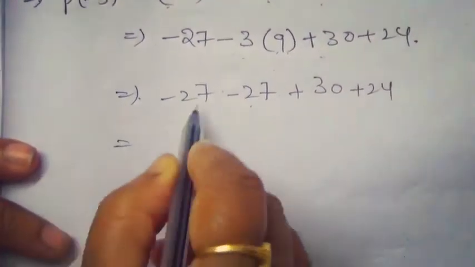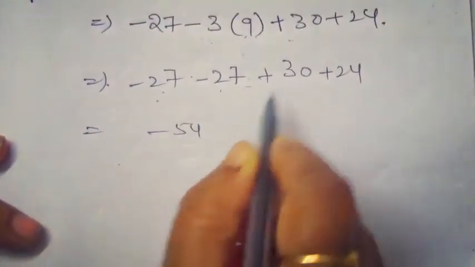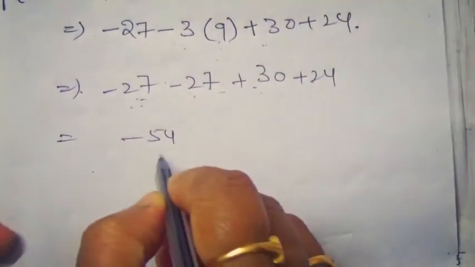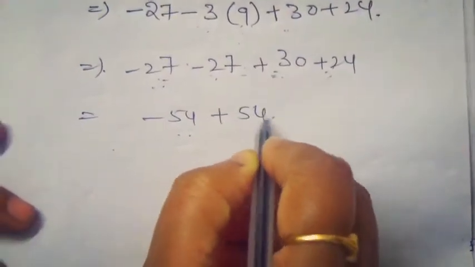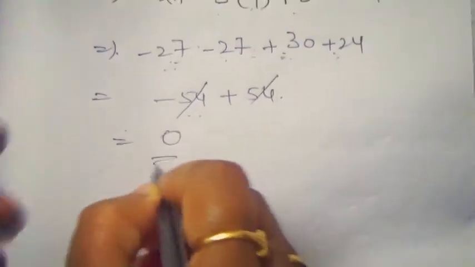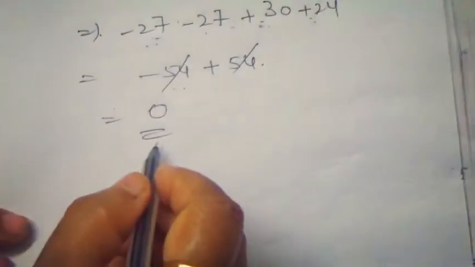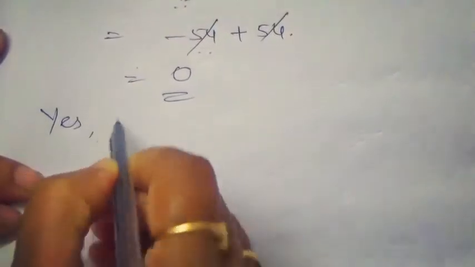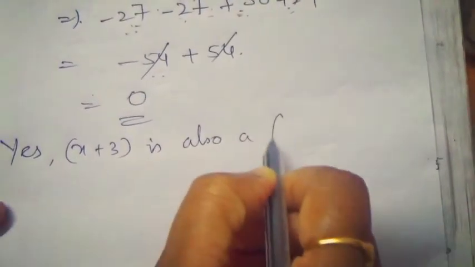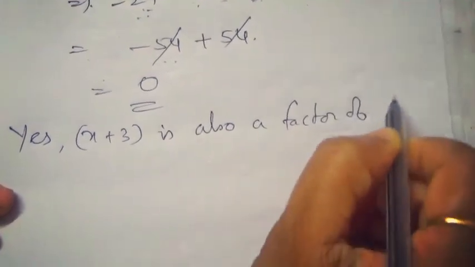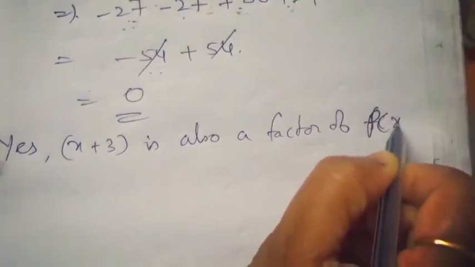So the addition of these two: minus 54, these two being negative numbers. These two are positive, hence plus 54. So minus 54 plus 54 cancelled, hence we got 0. So yes, x plus 3 is also a factor of p of x.